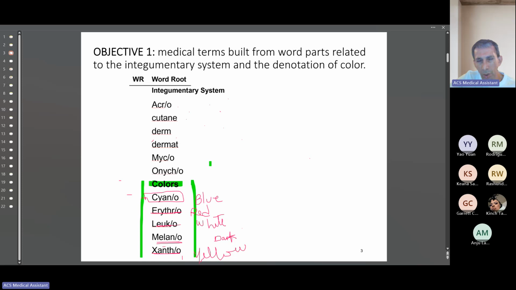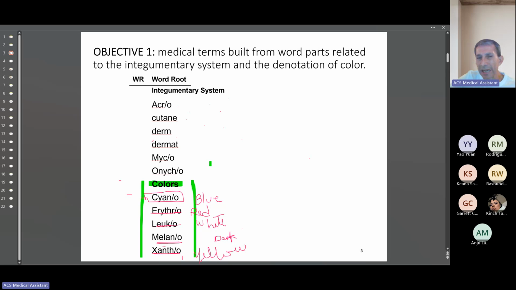erythro, leuco, melano, xantho. All these colors are important in the examination because they can ask you either or. Remember that you're going to have different versions of the exam. If you sit for the exam the same day, 3, 4, 5 of you, some of you are going to have the same questions, but some of the questions are going to be randomly selected.